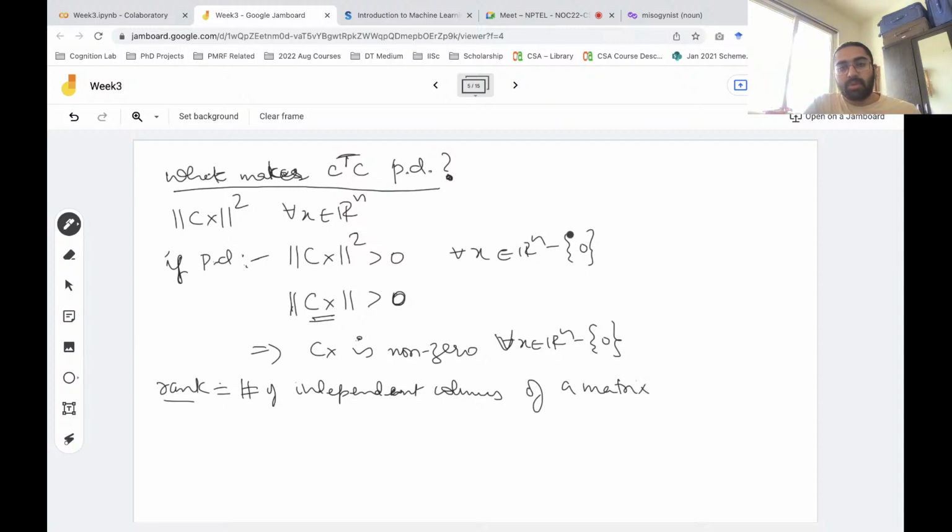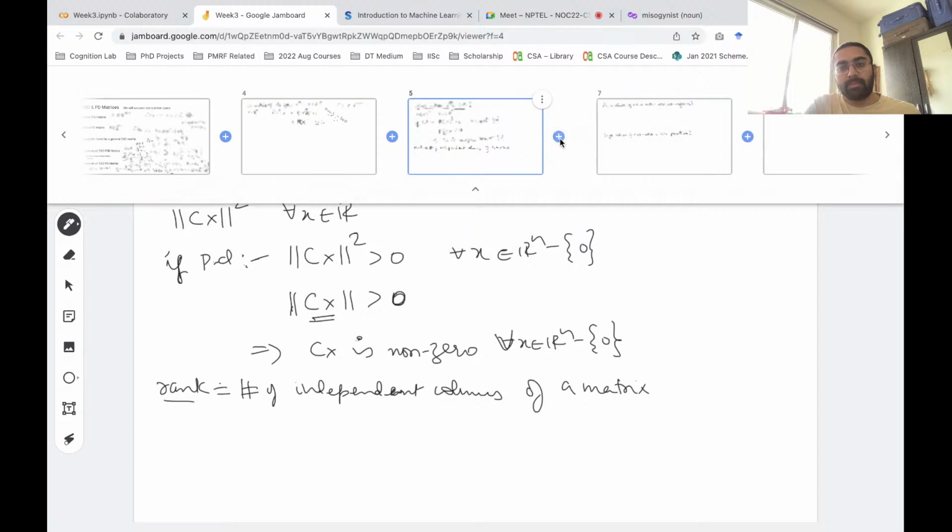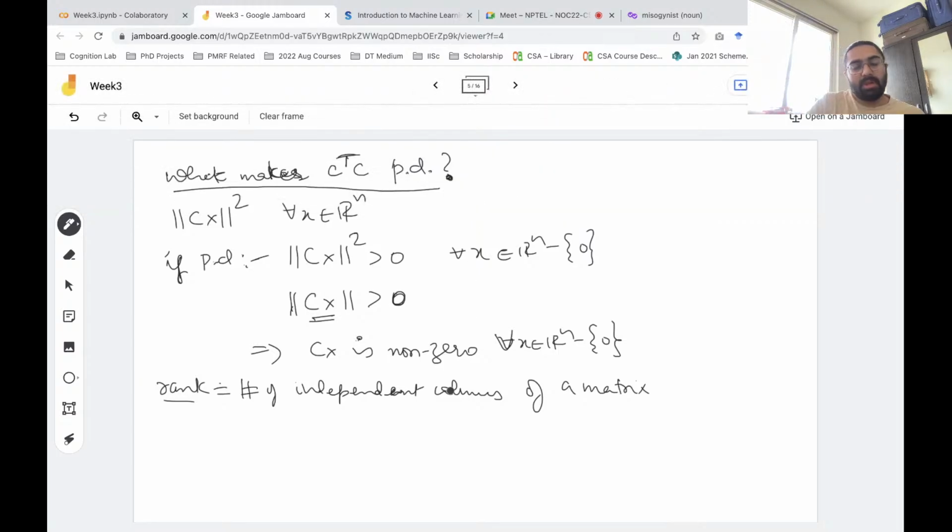So basically, let's say a matrix, in our case C itself, belongs to R^(m cross n). What this means is it has m rows and n columns.